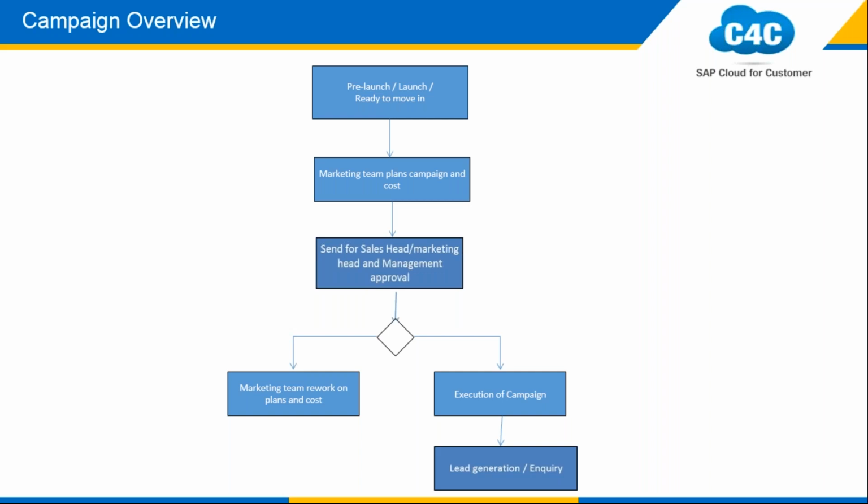Those survey results will automatically reflect in C4C. No additional integration is needed. It will automatically replicate in C4C in the survey results, and you can pull out a report from that. So this is also another important out of the box feature of C4C.